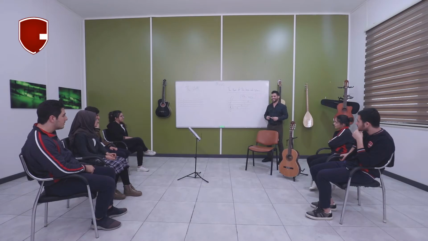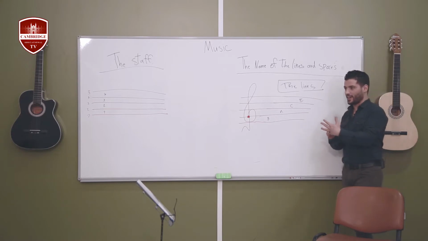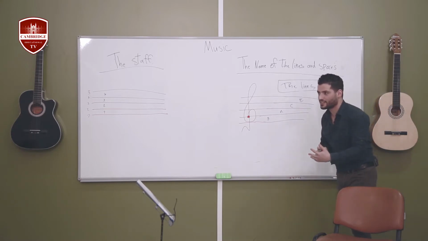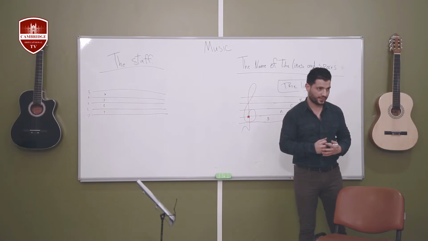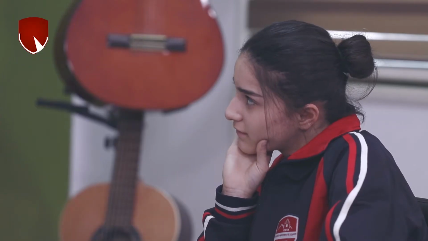Face. So, easy. Face. If I forgot, first is F, second is A, third is C, and fourth is E. So both of them together: the lines are every good boy does fine, and the spaces are face.